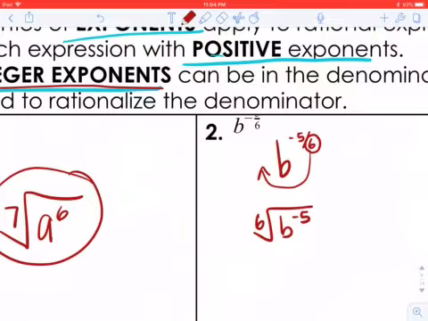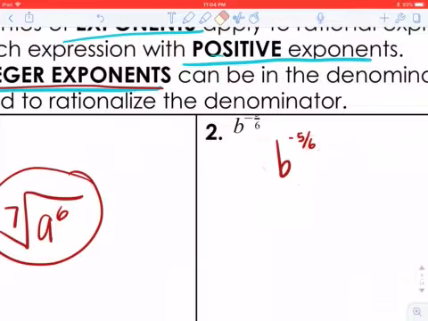The one thing that you want to focus on here is that we can't have a negative 5 there. So if we take a step backwards before this step, and we turn that negative into a positive, we can do that by putting it 1 over b to the positive 5/6. Remember, a negative exponent means that you have a fraction.